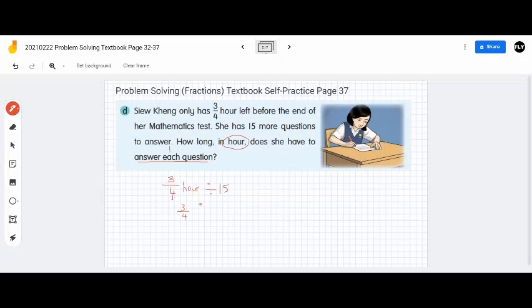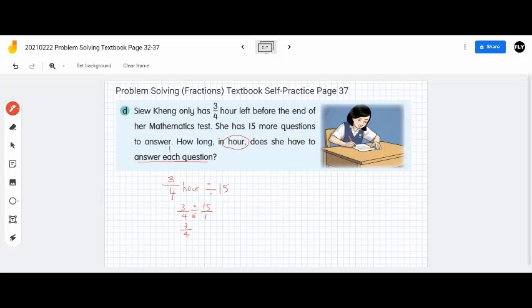Divide by 15. The number 15 is not a fraction. You have to change it to a fraction. What is the fraction for 15? 15/1. Now you can do multiplication.